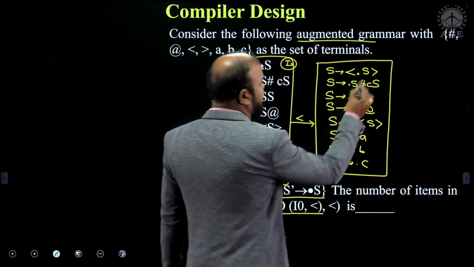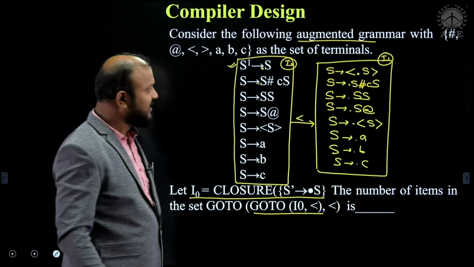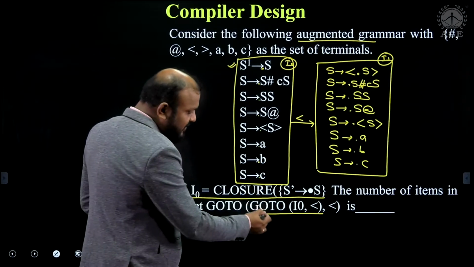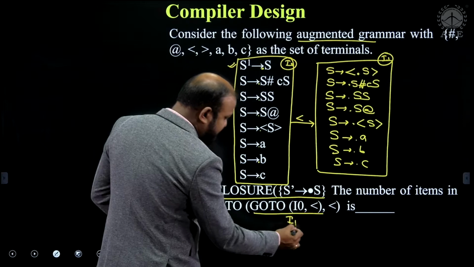This closure set I am calling state 1. Now, goto of I0 comma lesser leads to state I1.